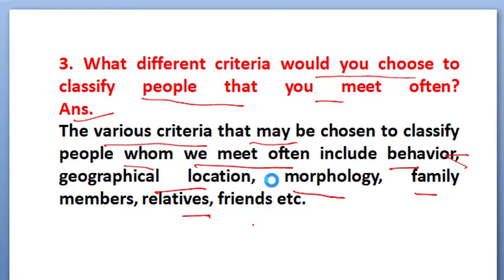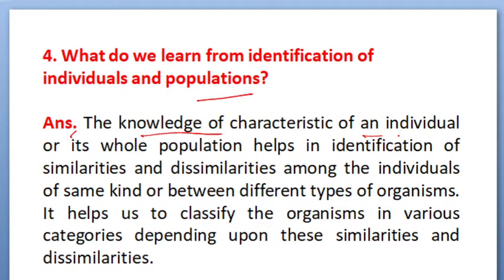Answer: The knowledge of characteristics of an individual or its whole population helps in identification of similarities and dissimilarities among the individuals of the same kind or between different types of organisms. It helps us to classify the organisms in various categories depending upon the similarities and dissimilarities.